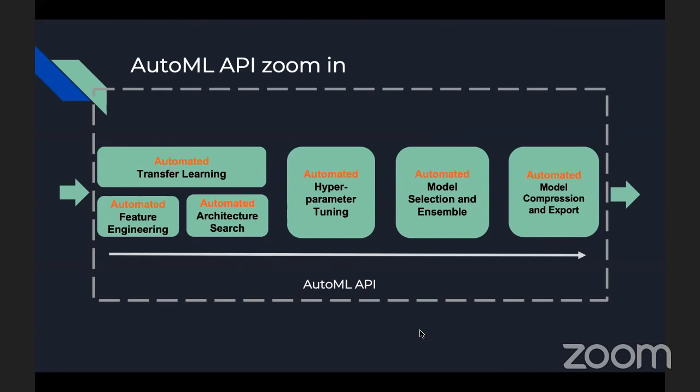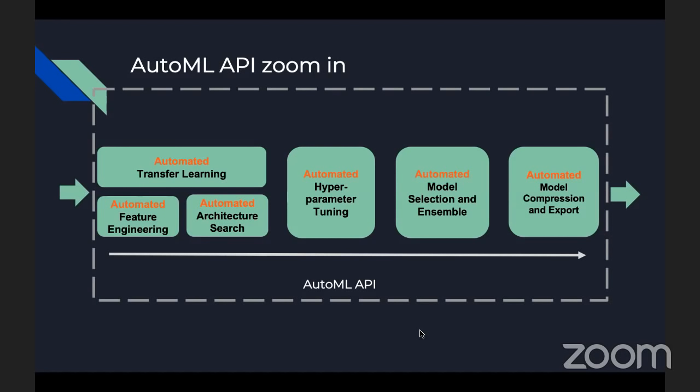If we do this API, what we actually need to design and to do is that we need to automate every component of the machine learning workflow. For example, we need to automate transfer learning if we decide to use transfer learning for this product. Or if we cannot use transfer learning, for example, currently for AutoML tabular data, it's really hard to apply transfer learning.